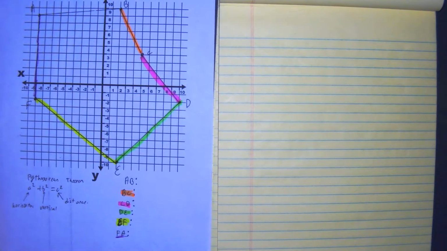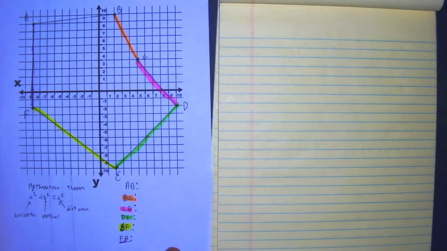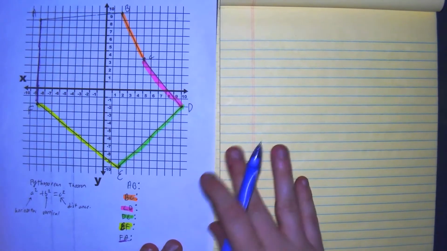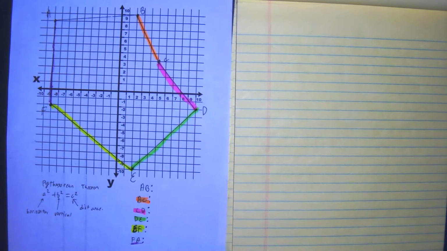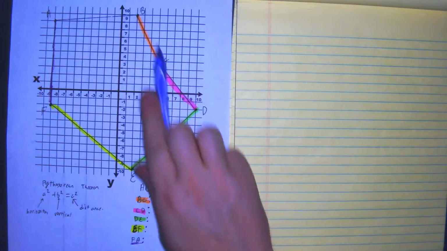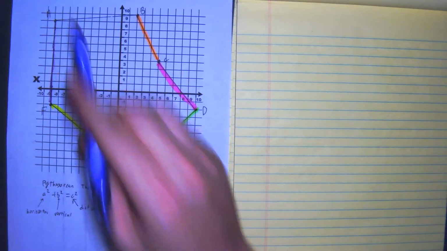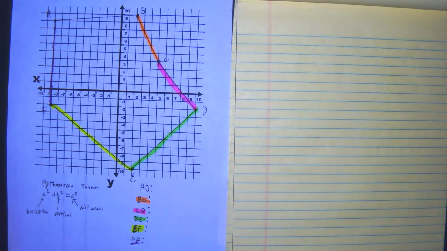Alright, well, first thing you really should do when working on these is try to identify if there's any vertical or horizontal lines. Slant, slant, slant, slant, slant. The only one that's vertical or horizontal is AF.